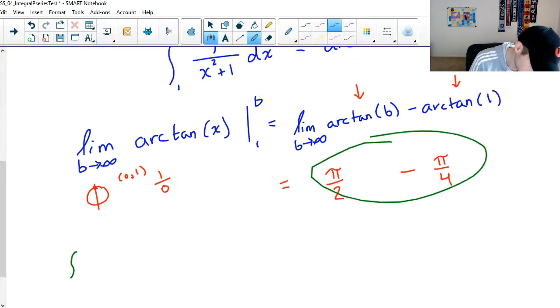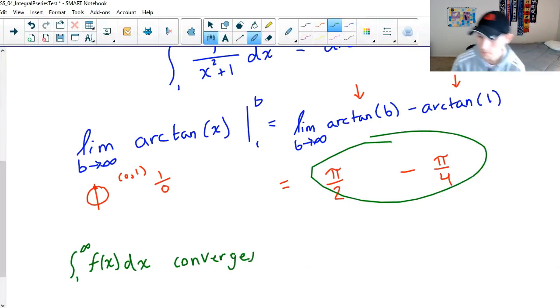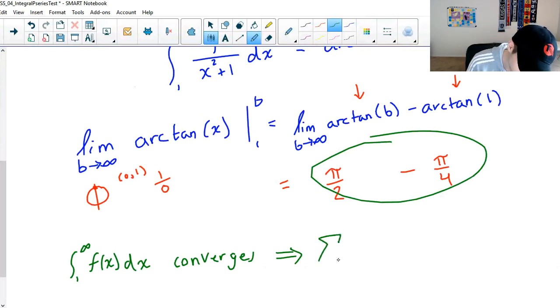So since I got an actual value, that means that integral converges. And if that integral converges, then I know for sure that this series also must converge.